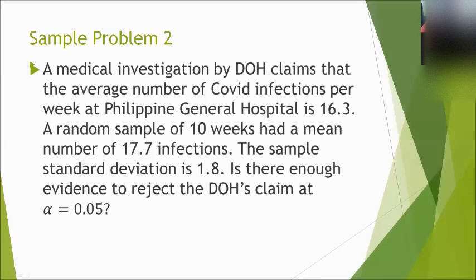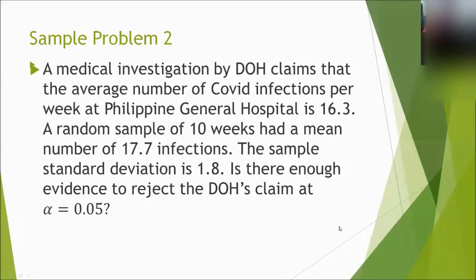Okay? A random sample of 10 weeks had a mean number of 17.7 infections. Okay? The sample standard deviation is 1.8. Is there enough evidence to reject the DOH claim at 0.05 significance level?